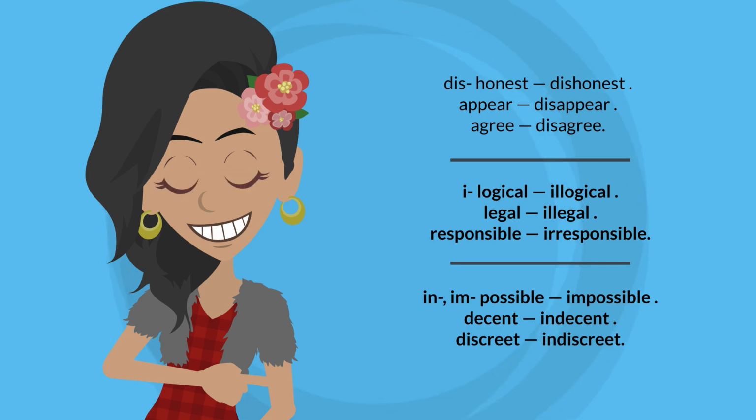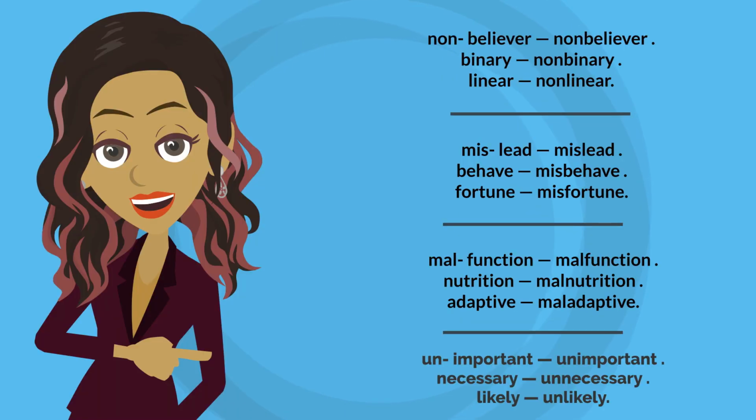Logical, illogical. Legal, illegal. Responsible, irresponsible. Possible, impossible. Decent, indecent. Discreet, indiscreet. Believer, non-believer. Binary, non-binary. Linear, non-linear. Lead, mislead.